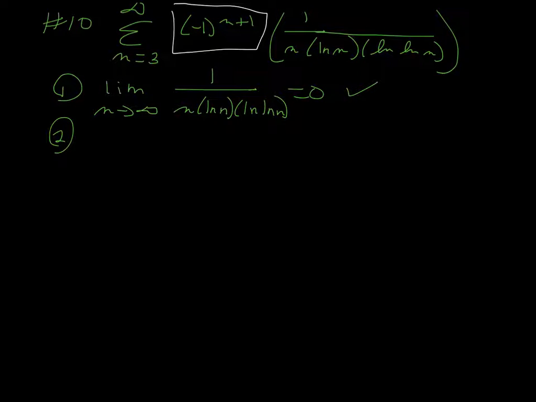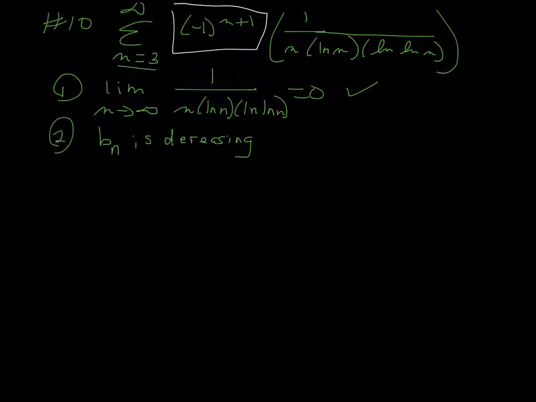The second condition is that this series has to be decreasing. If you want to try a few values, starting at 3, don't forget, for n equals 3, then I think you'll find that the denominator is growing and growing and growing.